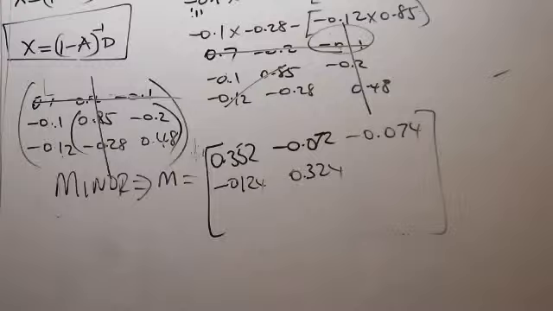So the minor for member number 8 is 0.15.